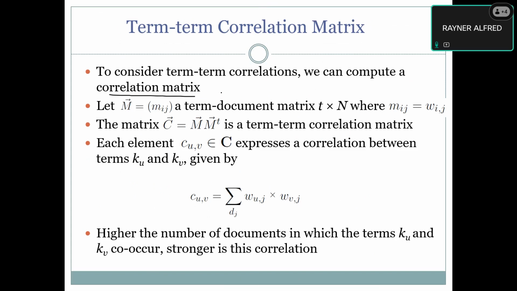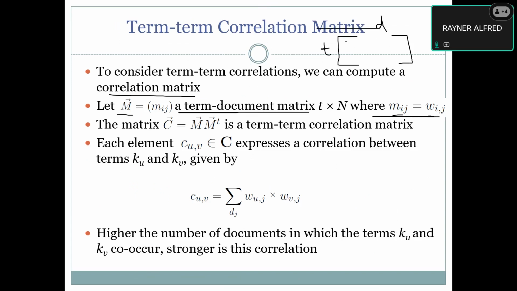Okay? So to compute the correlation matrix, we are looking at the vector of the matrix that we have. This is a term document matrix where we have T times N, where the M here refers to the weightage that we have. This is our matrix, our term and document, right?